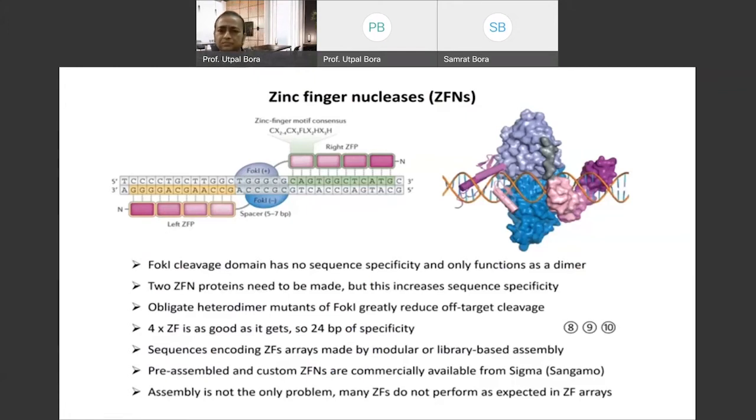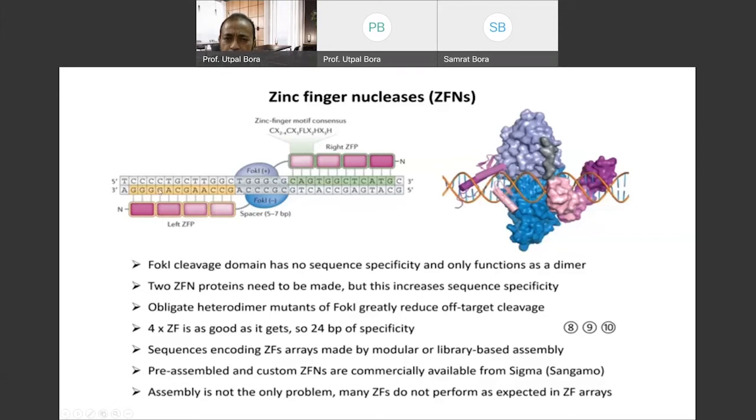As I mentioned, the FokI cleavage domain has no sequence specificity, and basically functions as a dimer. There are about 6 nucleotide bases that it covers, so 2 zinc fingers need to be made, and this increases the sequence specificity. One is this and the other is this.